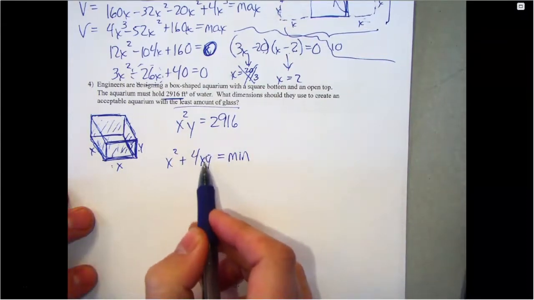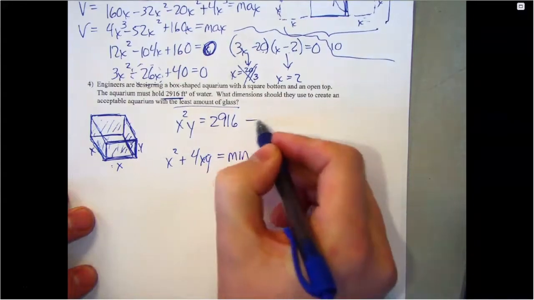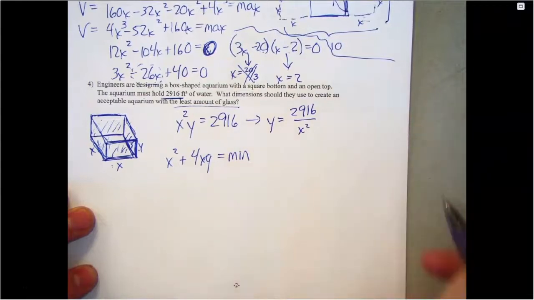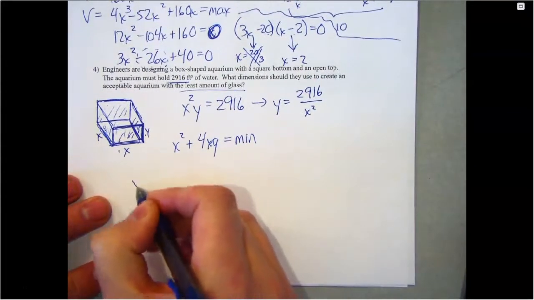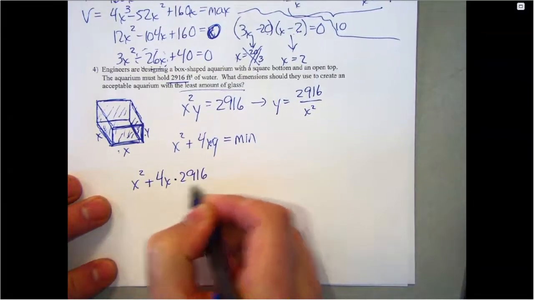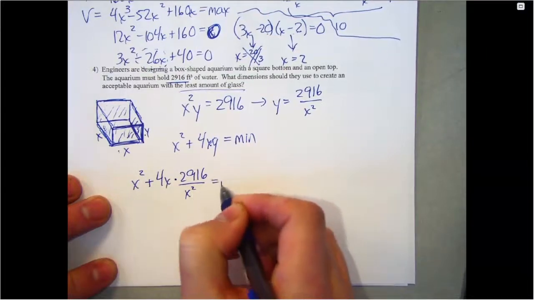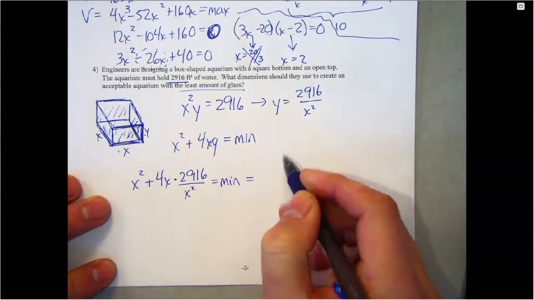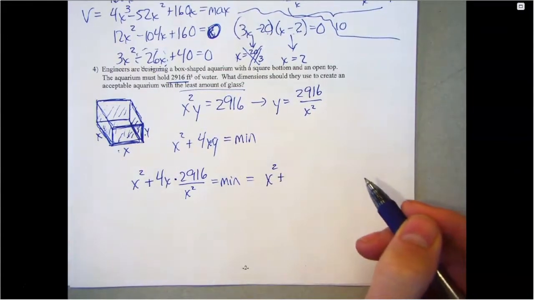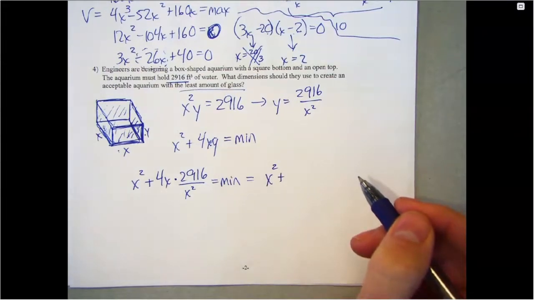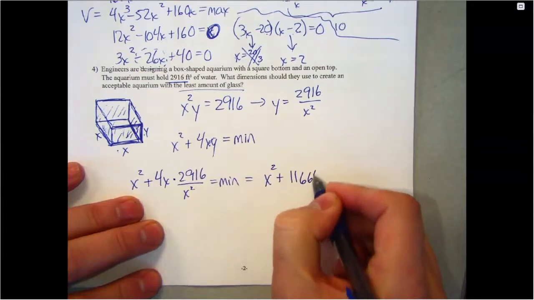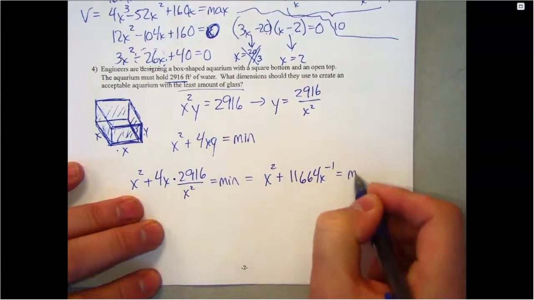So I'll solve for y up there, so I can replace it right there. y equals 2916 over x squared. So then I've got x squared plus 4x times 2916 over x squared, which I can rewrite as x squared plus 11664 x to the negative first.